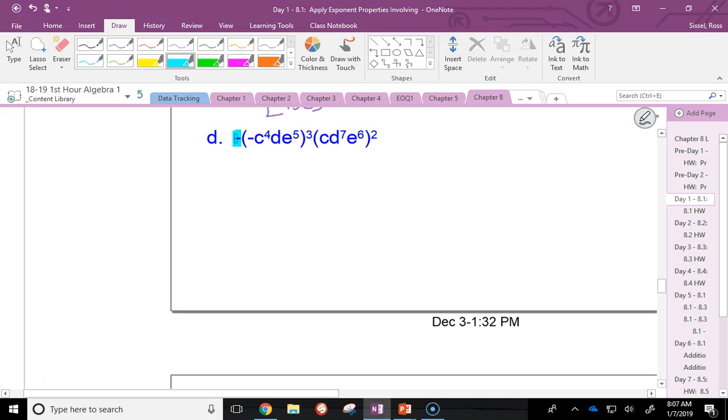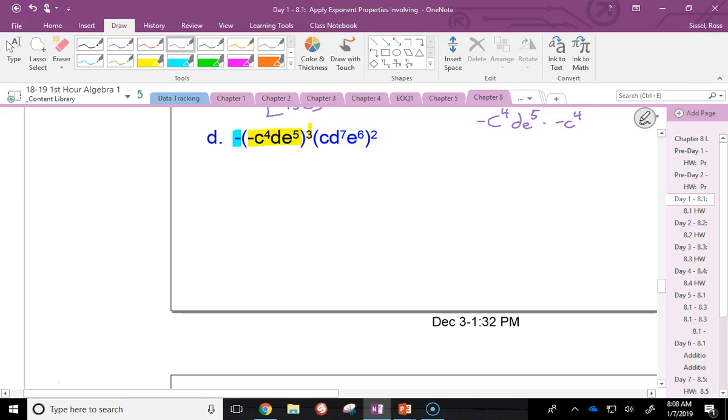It's saying what is the opposite of negative c to the 4th, d times e to the 5th, all cubed. So remember, since it's being cubed, that is like having negative c to the 4th, d e to the 5th, three times.